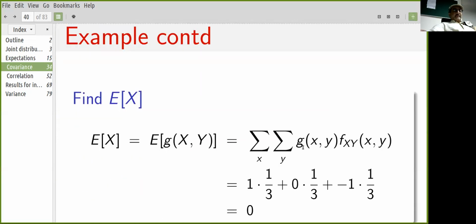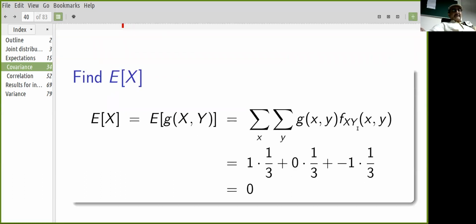So to find the expectation of X, you take X times the various probabilities.